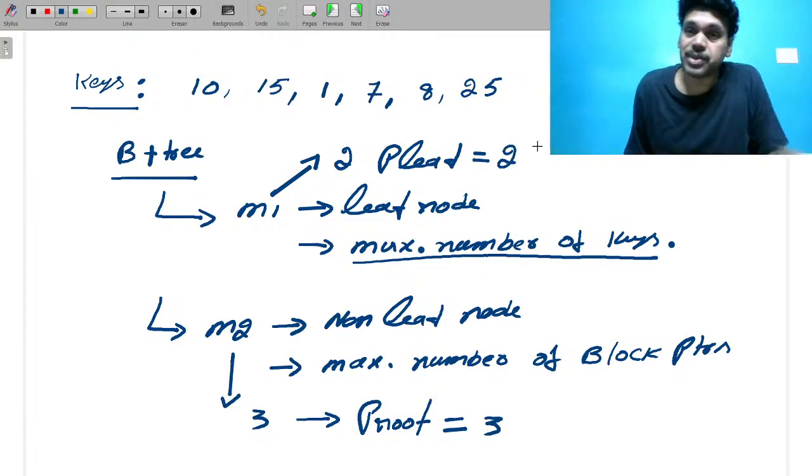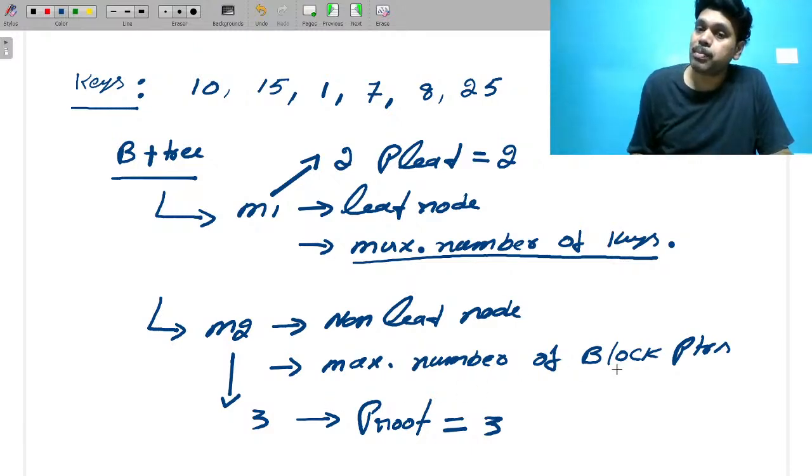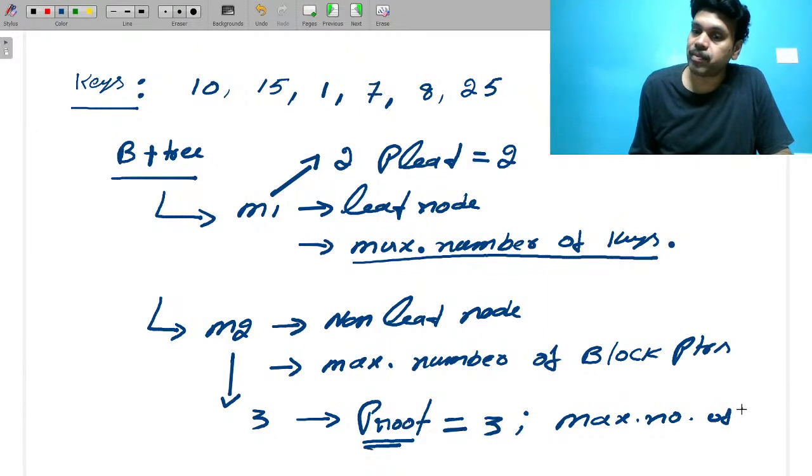What is P leaf saying? The maximum number of keys. What is P root saying? The maximum number of block pointers. So 3 is the maximum number of block pointers, and the maximum number of keys I can keep in the root and internal node is m minus 1, which is 2.